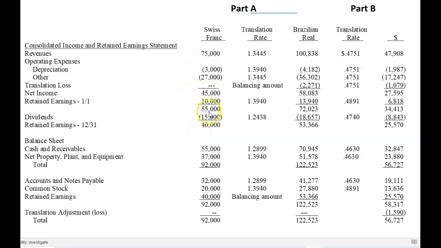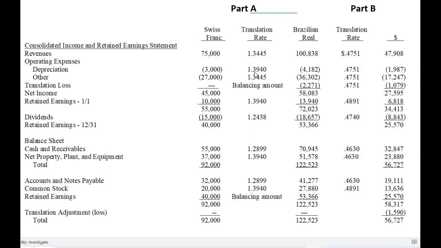Here is the income statement from above again. When we translate, we'll use the average rates for the revenues and the operating expenses with the exception of depreciation.